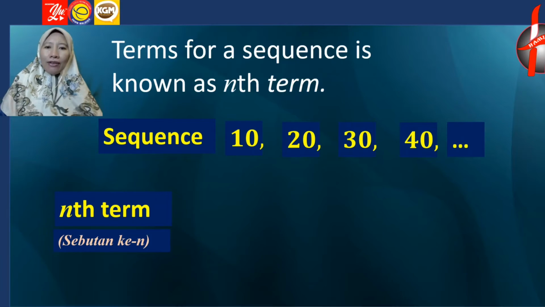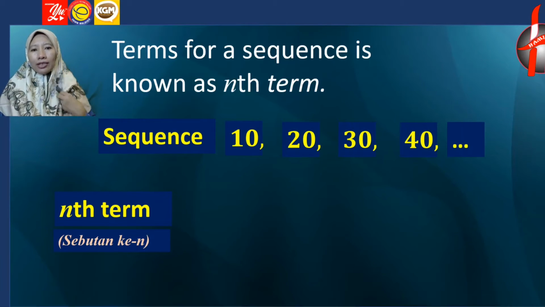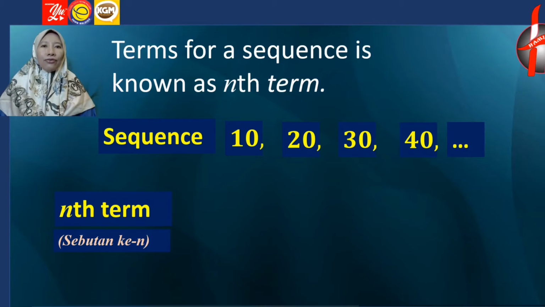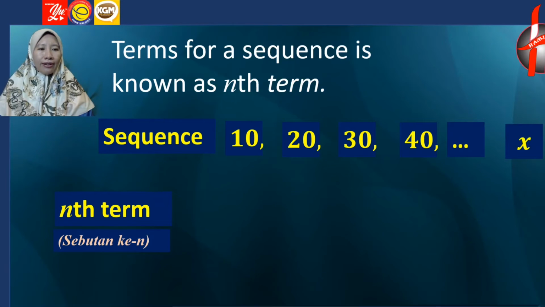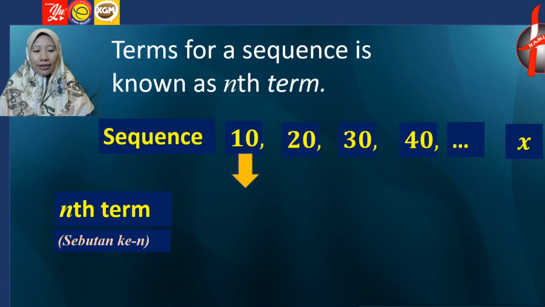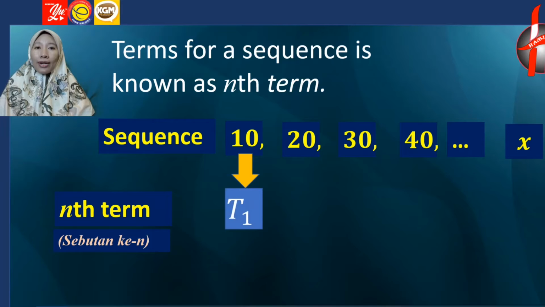Let's say we have a sequence of 10, 20, 30 and 40 and go on until x. Now 10, since it is the first in the sequence, so we call it T or terms number 1, the first term, and is always labeled as T subscript 1.